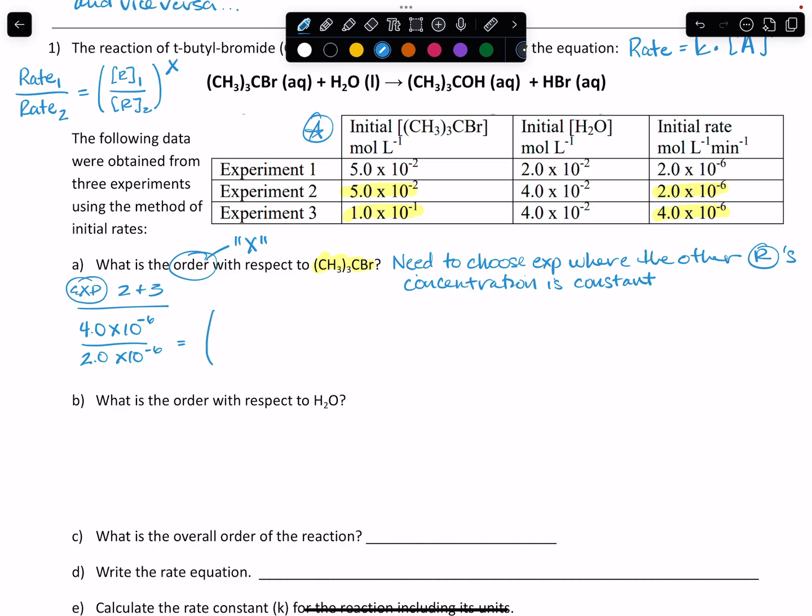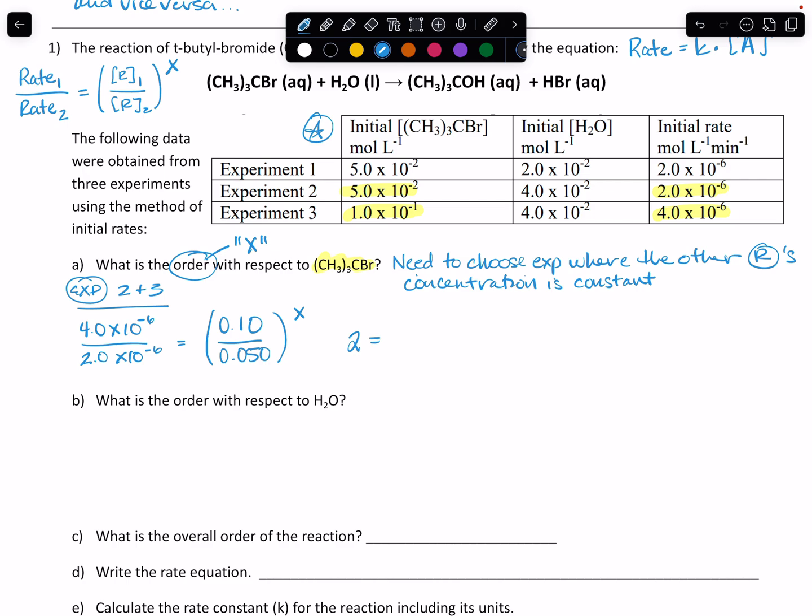All right, on this side, I use the concentration values that match those rates. So for my CH3CBr component, it is 0.1 for the initial concentration for experiment 3 and 0.05 for the initial concentration for experiment 2. And then that will be raised to a power. I do the division on the left side and I get 2.